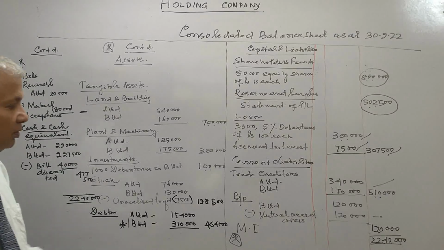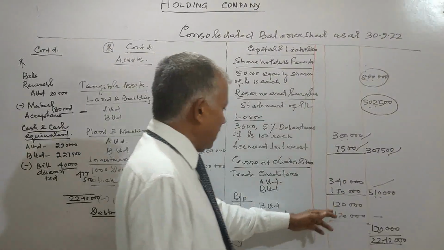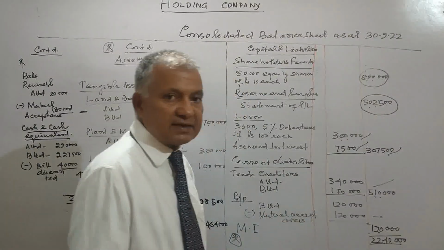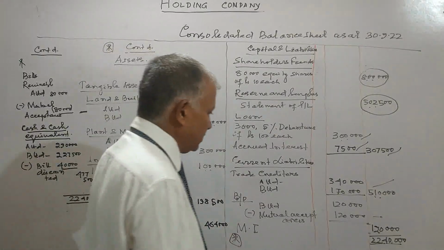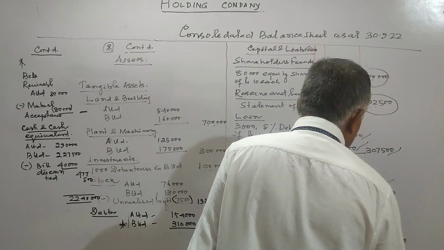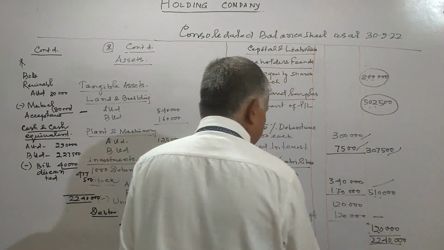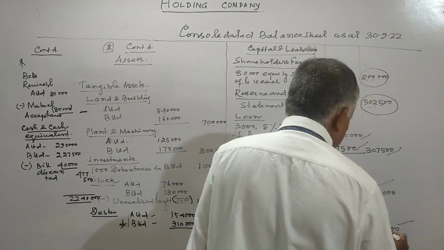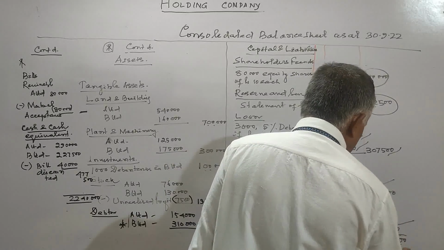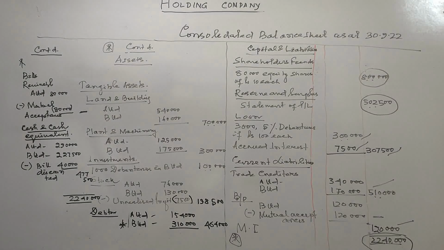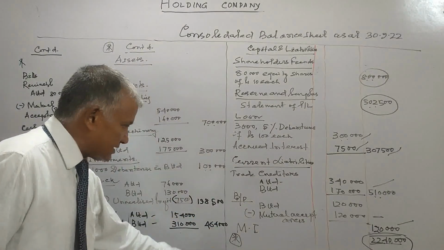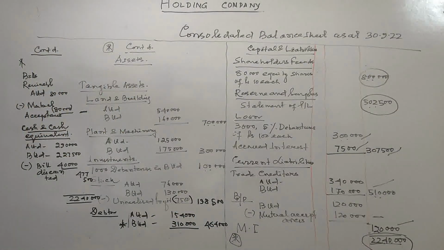Bills payable, B Limited 1,20,000, mutual acceptance 1,20,000 as per adjustment, so nil. Then minority interest 1,20,000, so the total comes to 22,40,000.